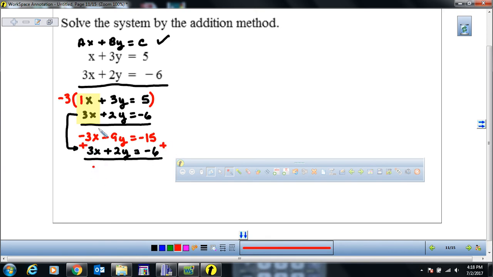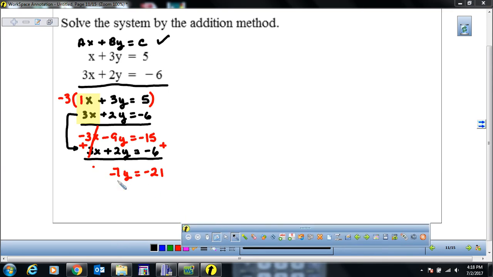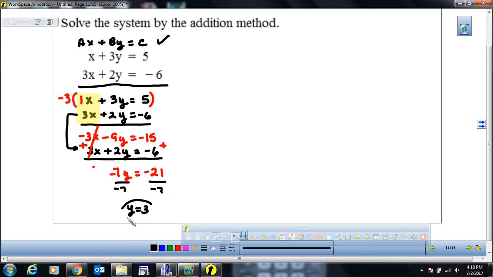That gives me a 0x, which means they cancel. Negative 9y plus 2y is negative 7y, equals negative 15 plus negative 6, which is negative 21. My new equation ended up with only one letter, the y. How do I leave the y by itself? By dividing both sides by negative 7. So y is equal to positive 3.